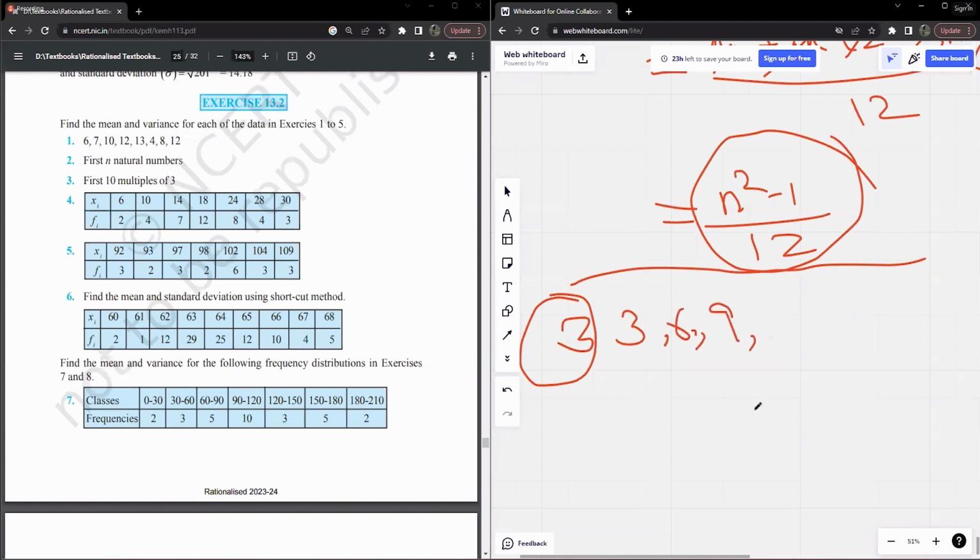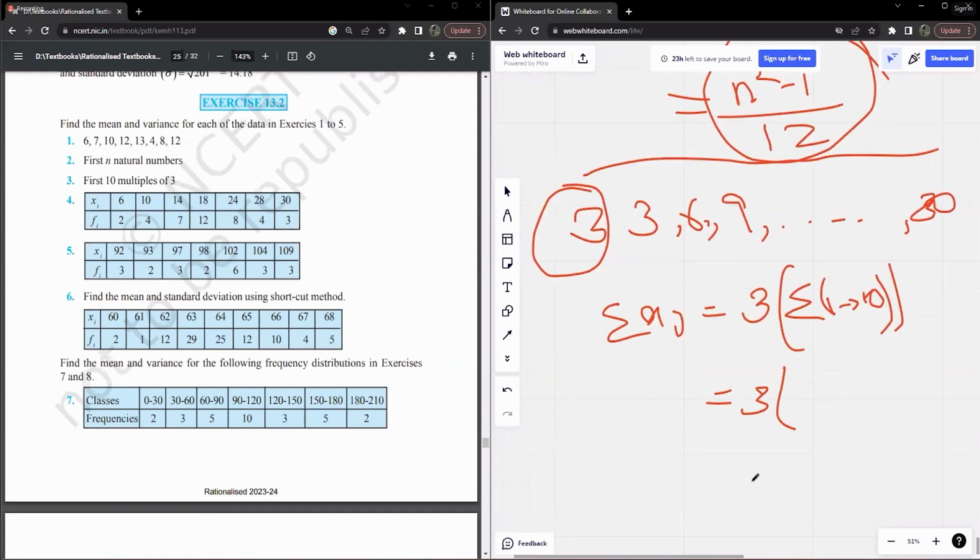Sigma xi is basically 3 into sigma of 1 till 10, which is basically 3 times 10 into 11 by 2, which is 3 into 55, that is 165. So your mean x bar is going to then be equal to 165 divided by 10, that is going to be 16.5.